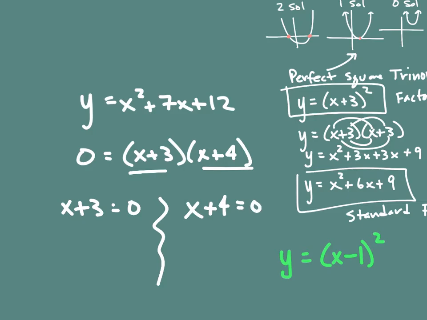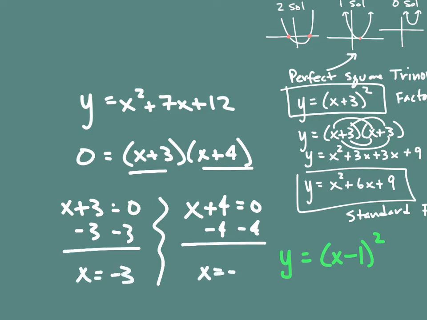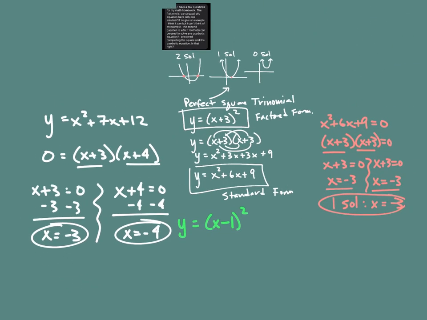Even though you're getting two solutions, these are two unique numbers. Versus the earlier example, where while yes, you did have two solutions, it's the same number, so therefore it's just one solution.